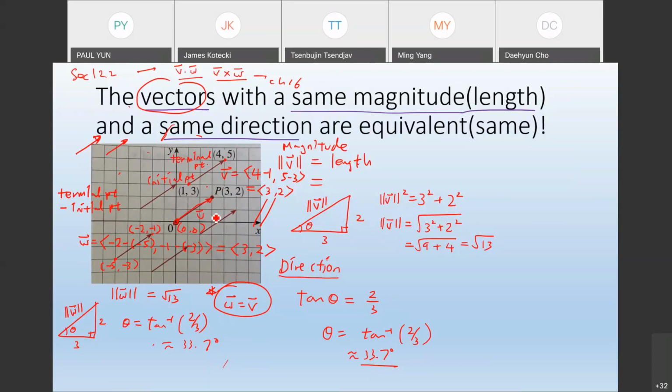Don't you think it's a pretty good idea? u is basically terminal point 3, 2 minus initial point 0, 0. If you locate the vector's initial point on the origin, the terminal point is always the same as the vector. If you understand this, yes, please.